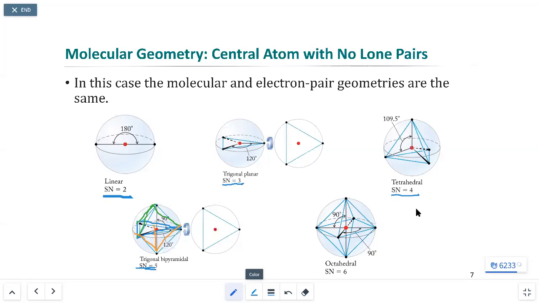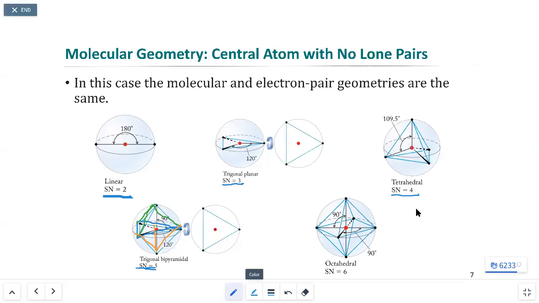With trigonal bipyramidal, we've already kind of discussed some of that multi-dimensional state. The fact that we've got the triangle shaped base that is planar, but we've got the two axis positions that are not.